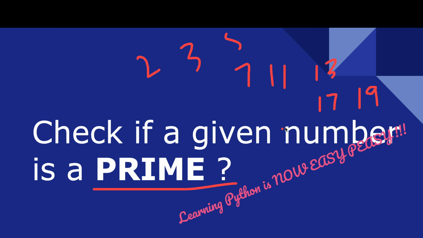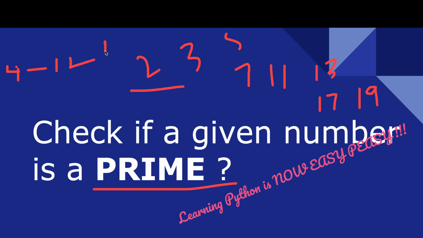Out of all these prime numbers, only 2 is an even number, and all the rest are odd numbers. If you take a look at non-prime numbers, for example 4, it has factors like 1, 2, 4.